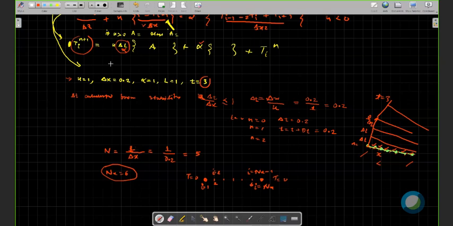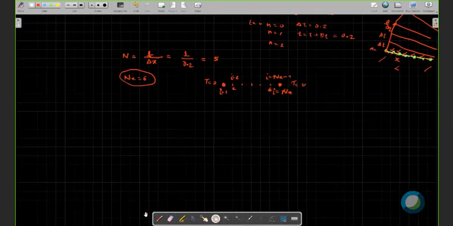So if you write this for n equals 0, for the first time, with n equals 0 and i equals 1, your t1 is equal to 0.